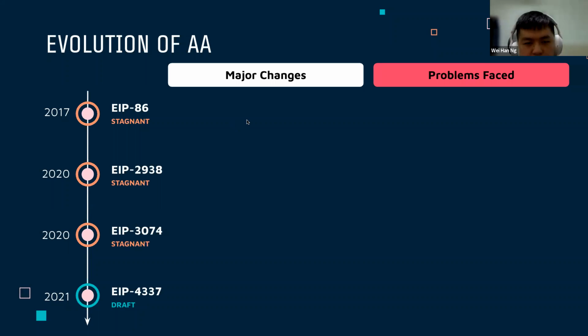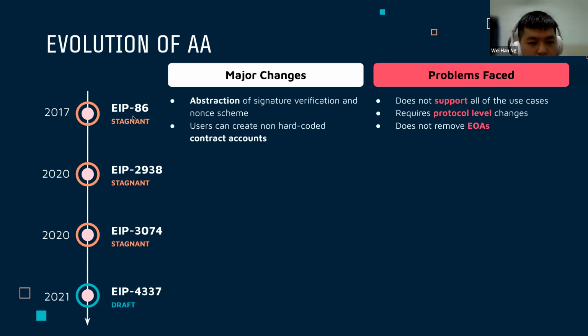I'll focus more on the last one later on, but let me just go through the previous EIPs as well. In EIP 86, just to summarize briefly, what it's trying to do is to abstract signature verification and nonce scheme. And users can create non-hard-coded contract accounts. As compared to the use cases that I mentioned just now, it doesn't support all of them, right? Gas abstraction, multi-calls, multi-sig, I believe it also doesn't support.